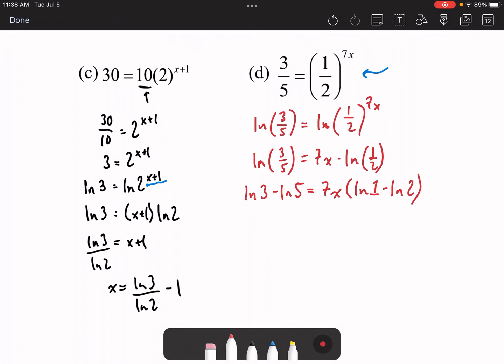Now if you remember your properties of logarithms, the logarithm of 1 is 0. So by the same idea, the natural logarithm of 1 is 0. So that cancels away.